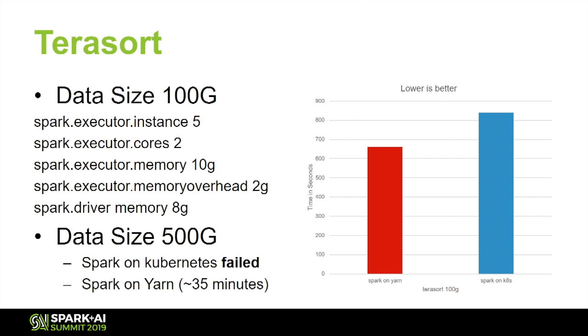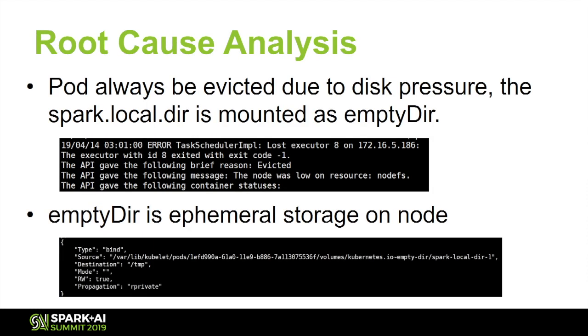So what's wrong with Spark on Kubernetes? We checked the logs, using the log command and the describe command, and we found that the pod always gets evicted, and from the driver log we can see that tasks get lost.